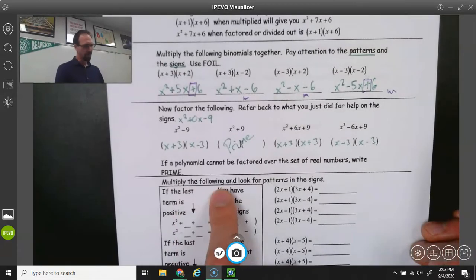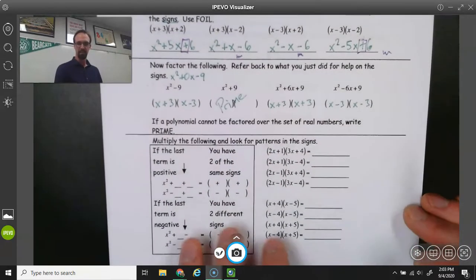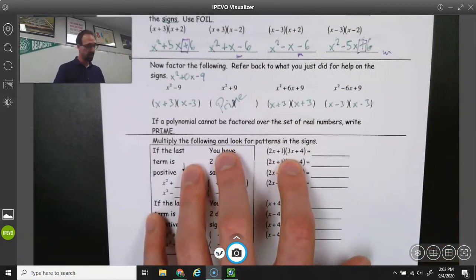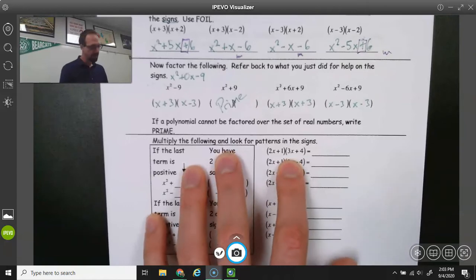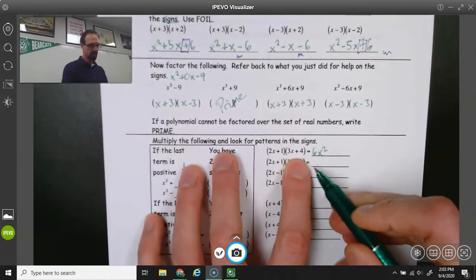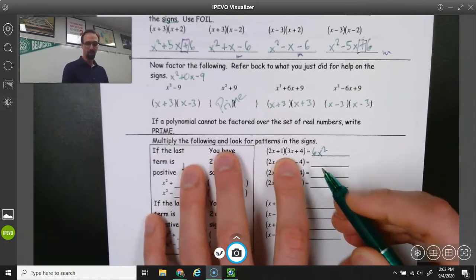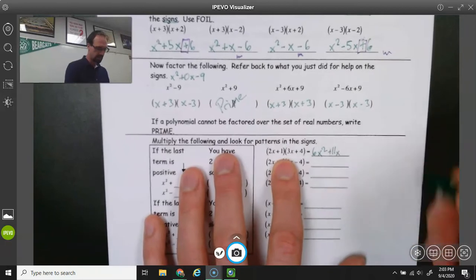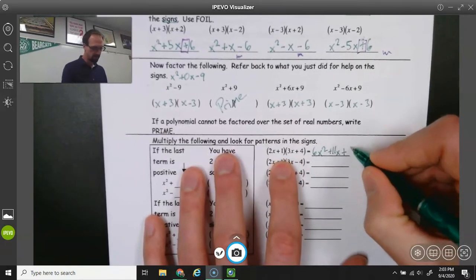So multiply the following and look for patterns and signs. So let's see what happens here. So 2x times 3x, I'll give you the answer, 6x squared. 2x times 4 is 8x. 1 times 3x is 3x, so that's going to give me plus 11x. And then the last term, plus 4.